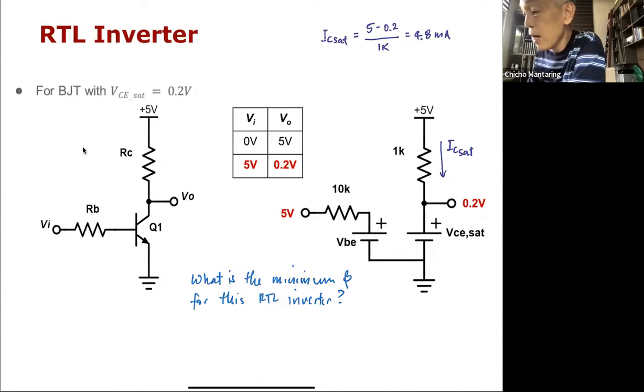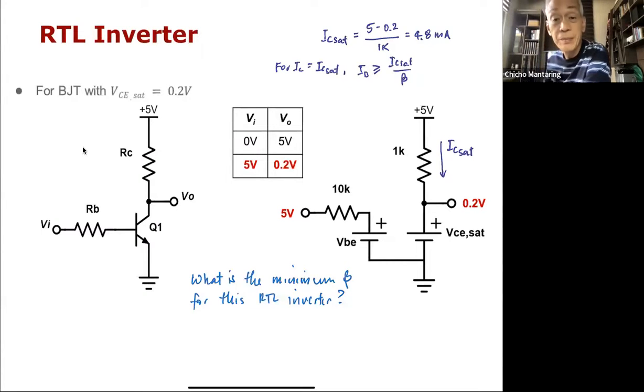Okay. Now, for IC to be equal to IC SAT, your IB should be greater than or equal to IC SAT over beta. If I want my current here to be saturated, then my base current here, IB, should be greater than or equal to IC SAT divided by beta.